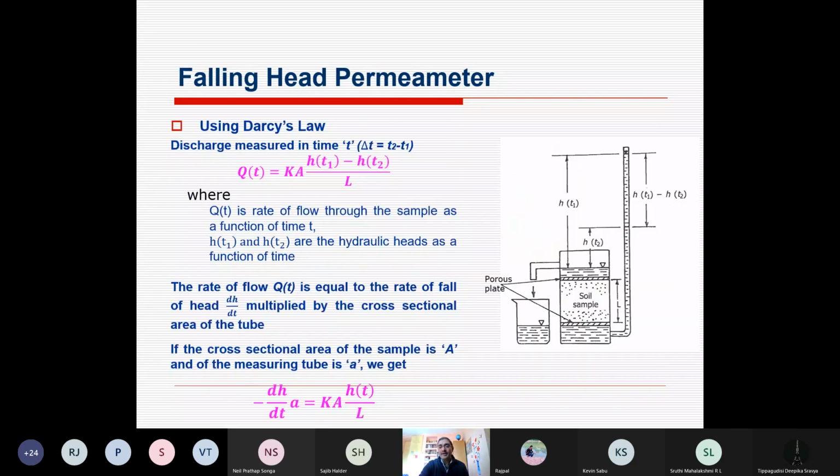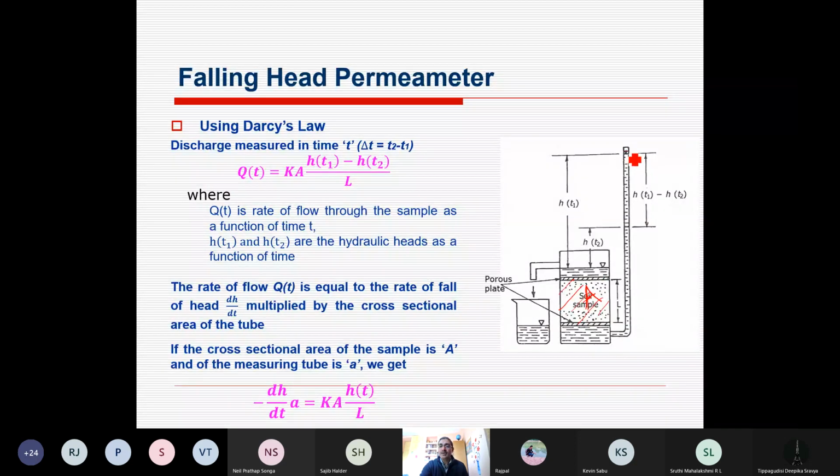Now there is a variable head method as well. If we cannot maintain the constant head, we have another arrangement, that is the variable head. The same soil sample, of the same cross-sectional area A and length L, is subjected in the same way, but the head is not maintained.